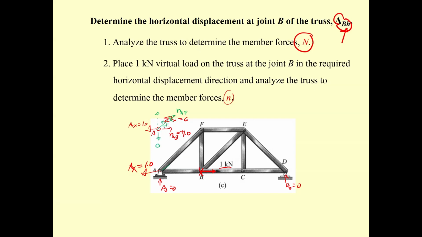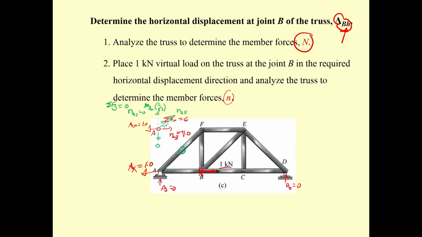You can see the component of this small n sub AF times 1 over square root 2. Summation of y equal to 0, so n sub AF is going to be 0.